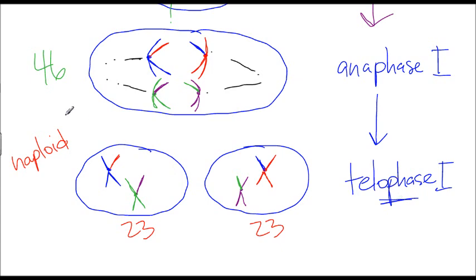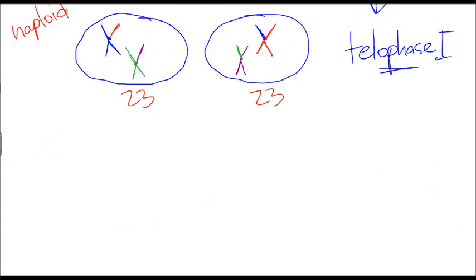And now these 2 cells are going to undergo the second stage of meiosis, which is referred to as meiosis 2, because this isn't enough just yet.